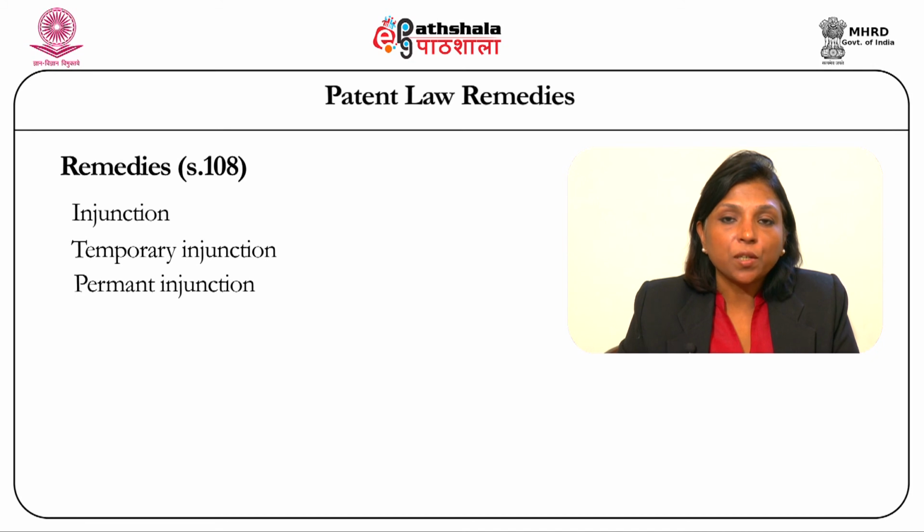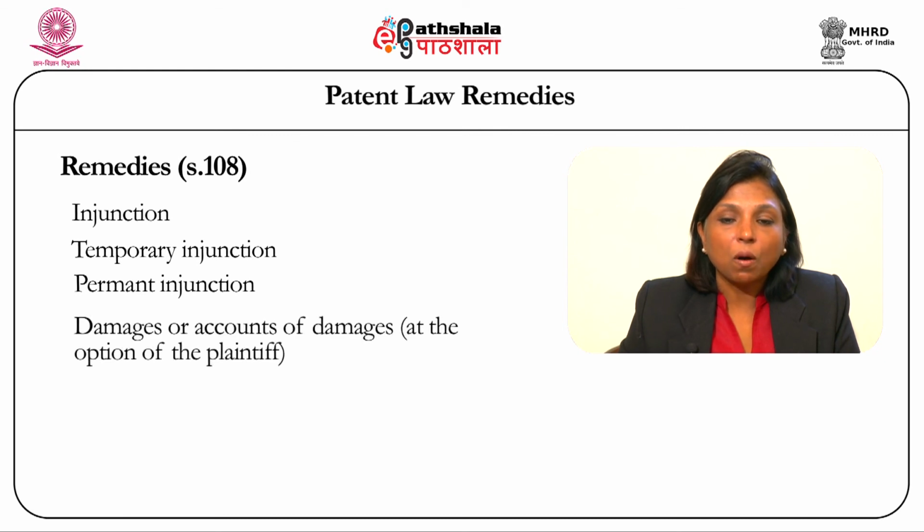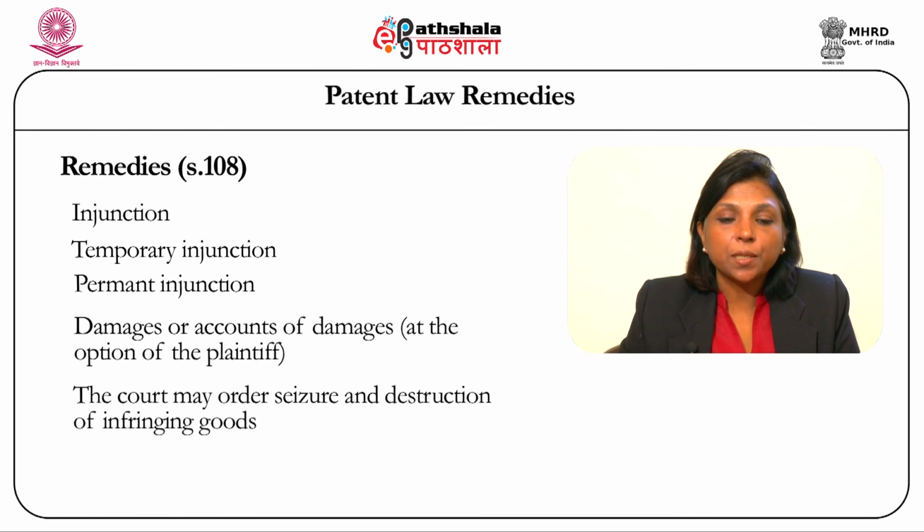A permanent injunction is what every plaintiff would aim for at the end of the trial. The court may also grant damages or accounts of profits. This is at the option of the plaintiff as a remedy. Another remedy that the court may order is a seizure and destruction of infringing goods.